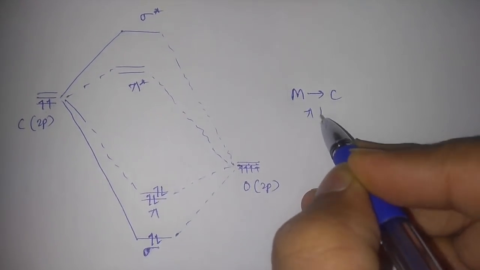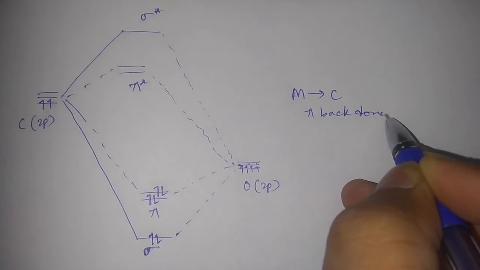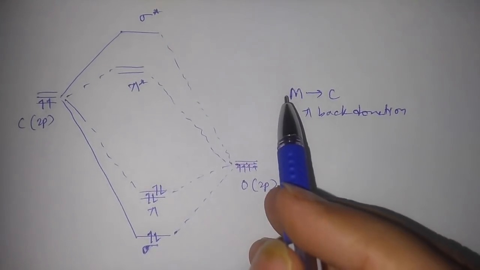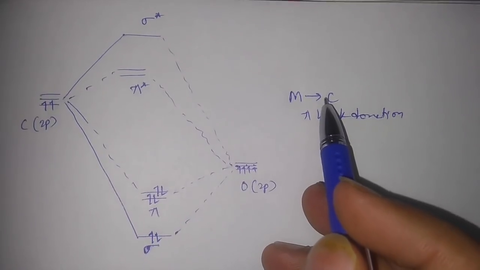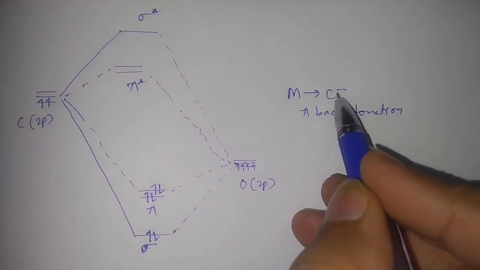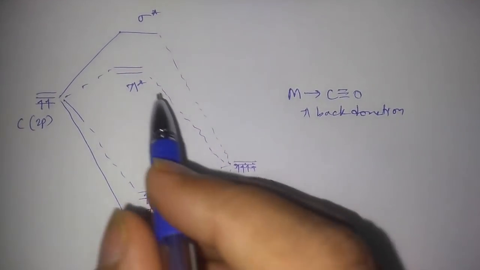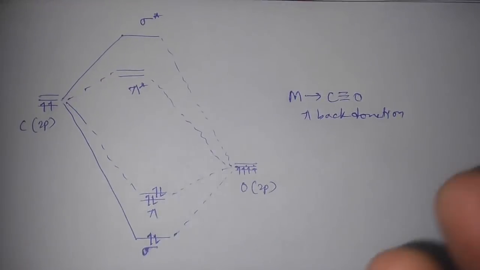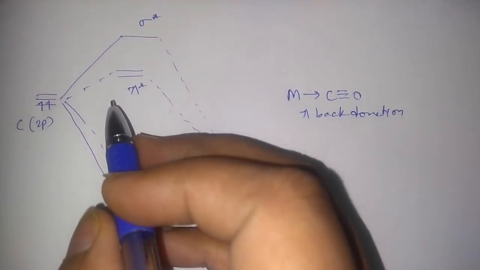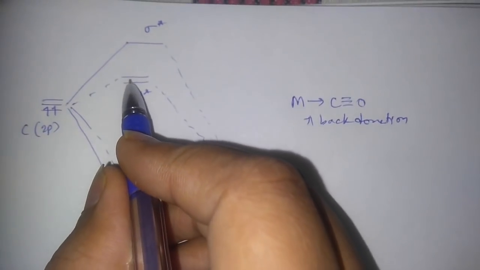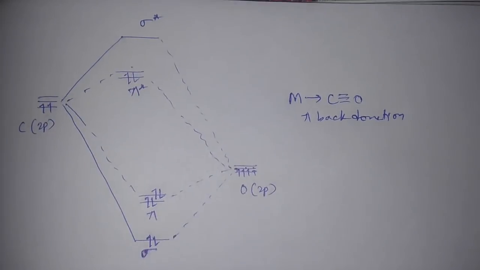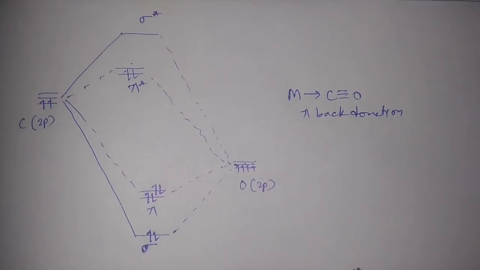If the pi back donation is done, you are giving more electron density to this carbonyl ligand. The excess electrons which you are giving will lie in this anti-bonding orbital. So you are increasing electrons in the anti-bonding orbital.